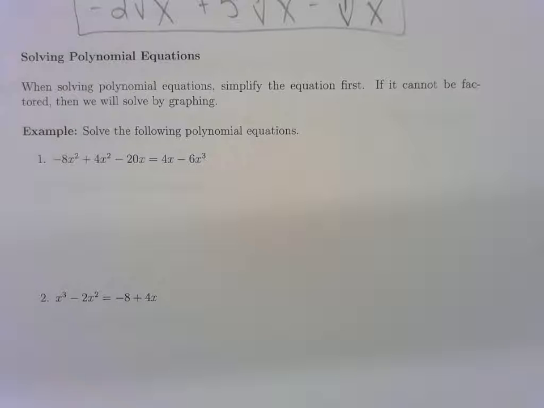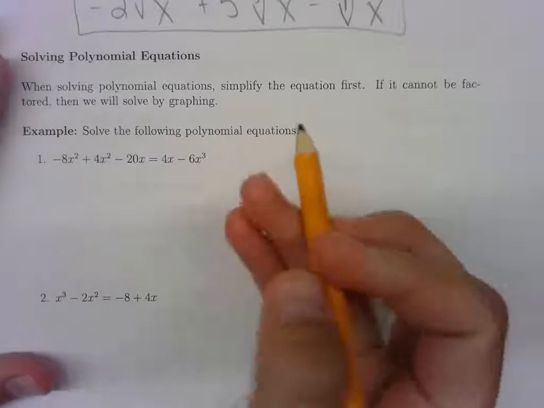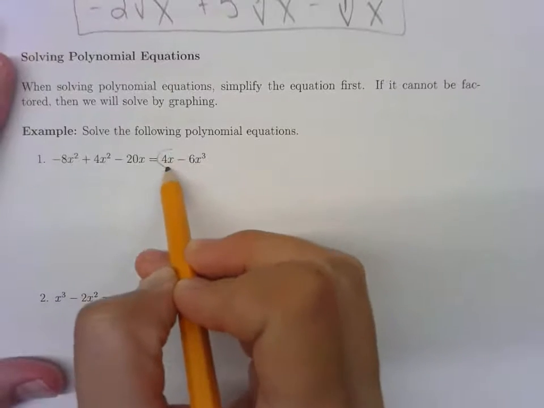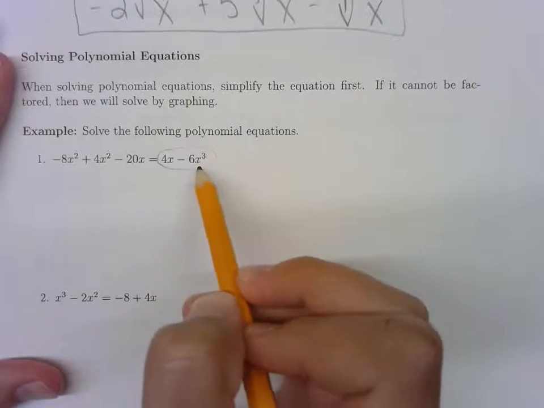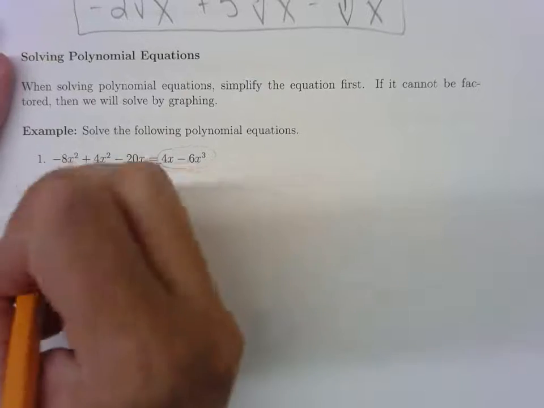Okay, so it says examples, solve the following polynomial equations. First of all, let's get everything to one side, and we will see if we can factor. So I'm just going to bring the 4x and the minus 6x cubed to this side. So I'm going to subtract 4x, add 6x cubed.